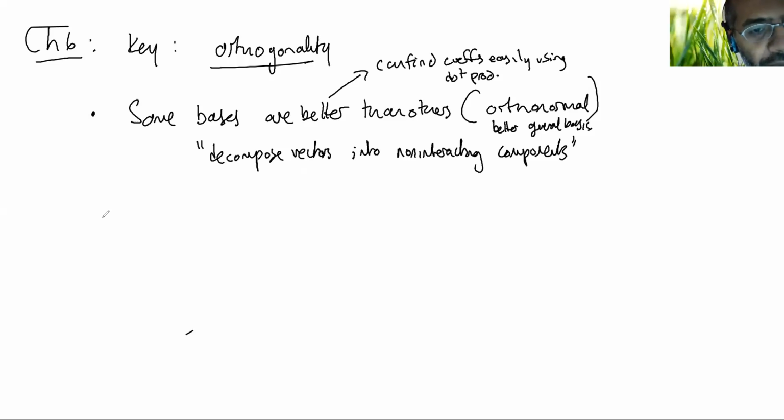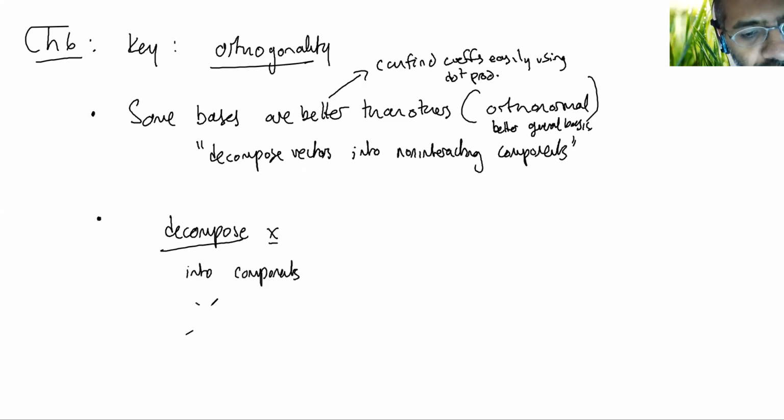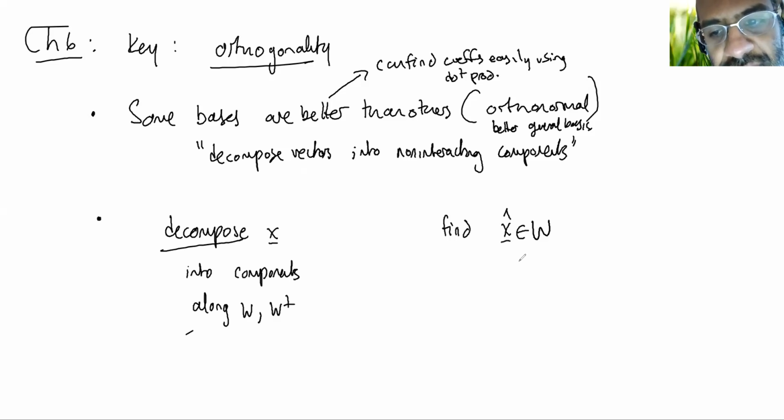And then maybe the key idea was that there's this relationship between optimization and orthogonality. So you had these two problems of decomposition, and you had this other problem of finding the x hat in some subspace W closest to x.